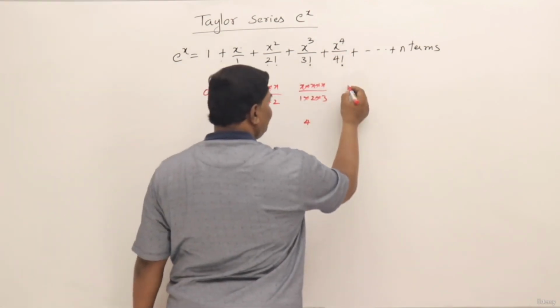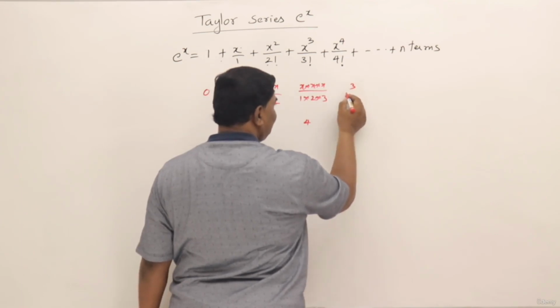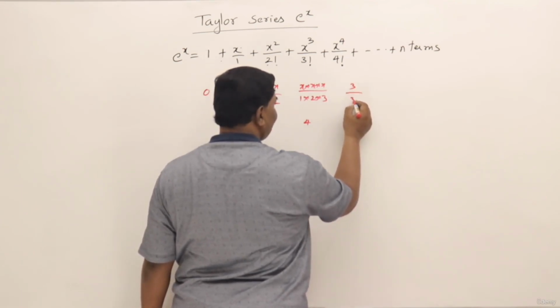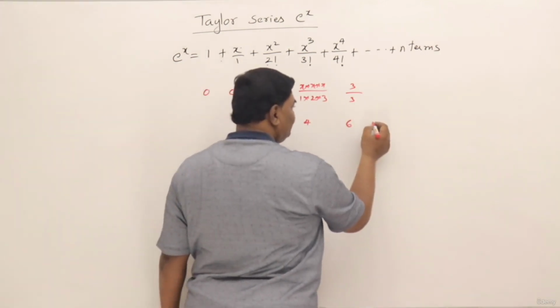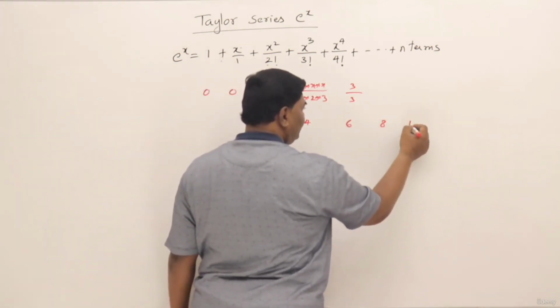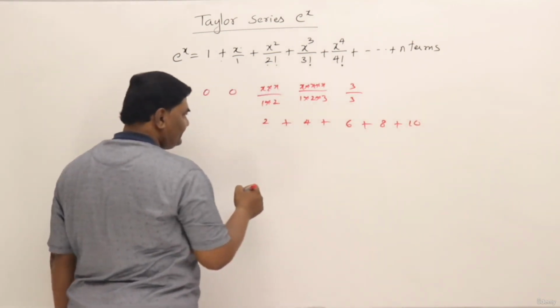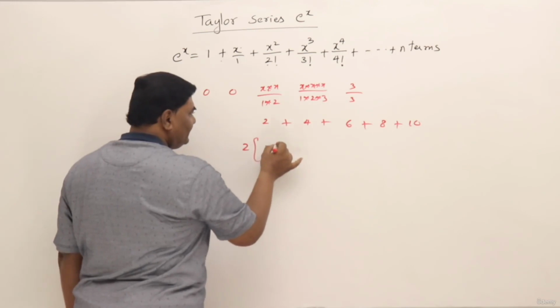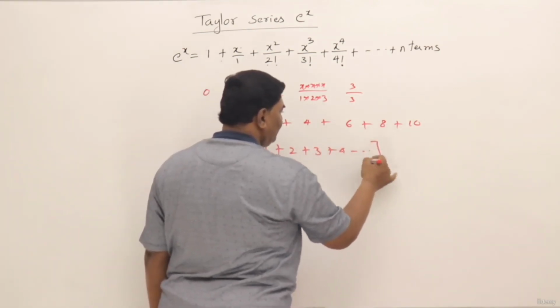Now x power 4 means 3 multiplications will be required in the numerator, and I'm just writing multiplications, and here 3 multiplications will be required in the denominator. This is 6. So the next term requires 8 multiplications and then 10 multiplications. This is how we are getting the multiplications. If I take 2 common, this is 1 plus 2 plus 3 plus 4 going on to n terms.